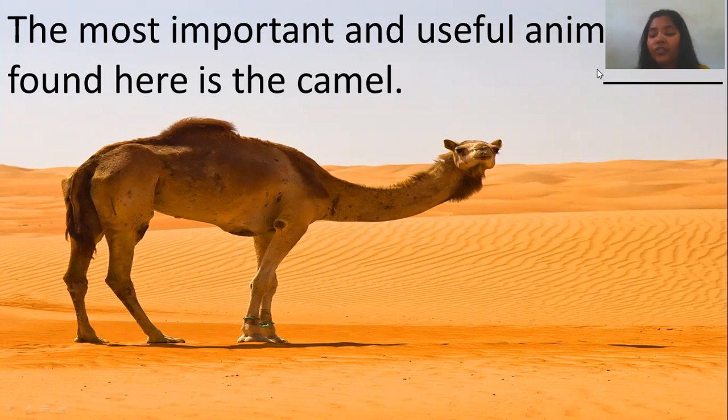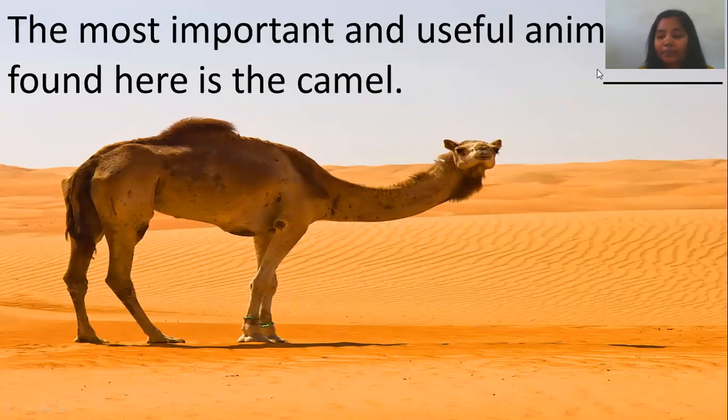The first is storing water in its hump, right? And surviving without food and water for many days, right? We all know all this. And the second thing is, it has long legs and padded feet. Yes, students, that help it to walk easily on sand.